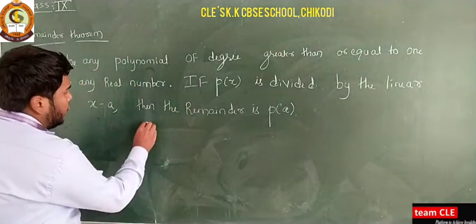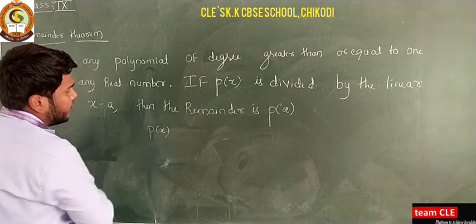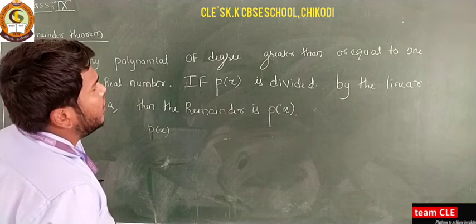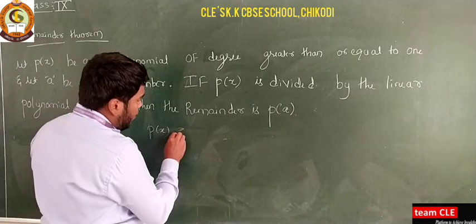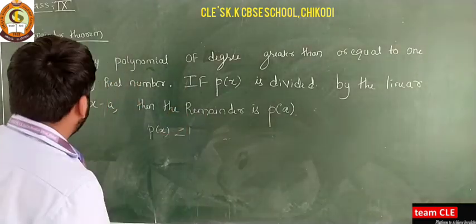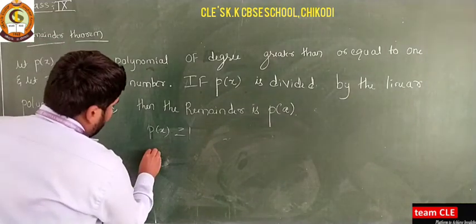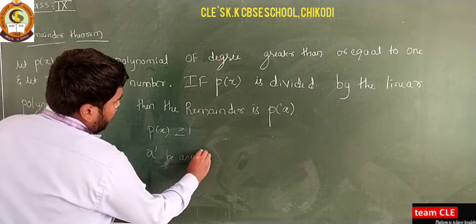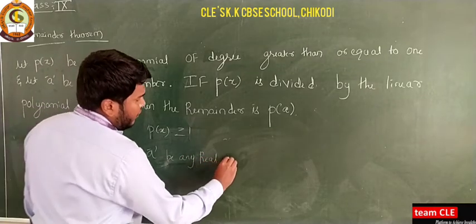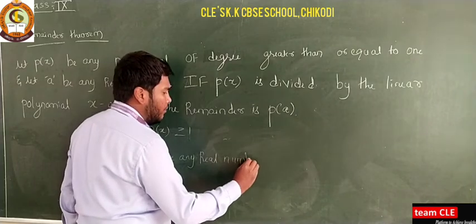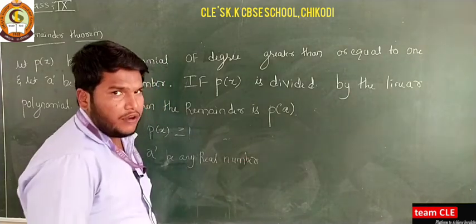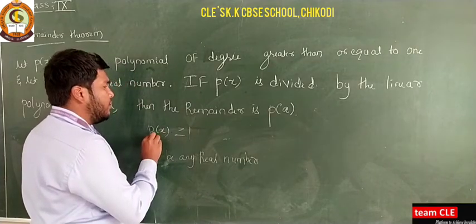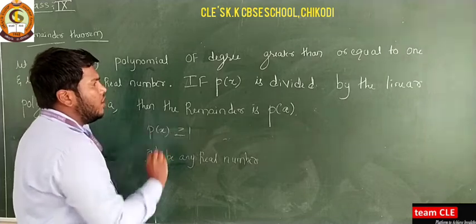So here the statement says let p of x be a polynomial of degree greater than or equal to 1, and a be any real number. You already saw in the definition of real numbers that the combination of rational and irrational numbers is called real numbers.